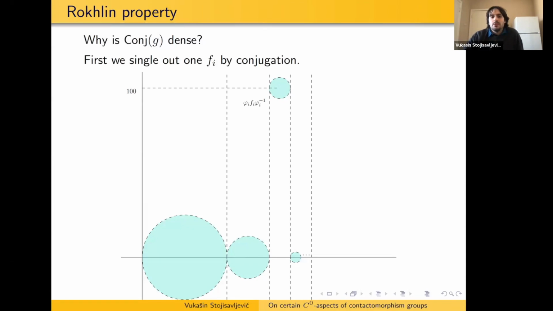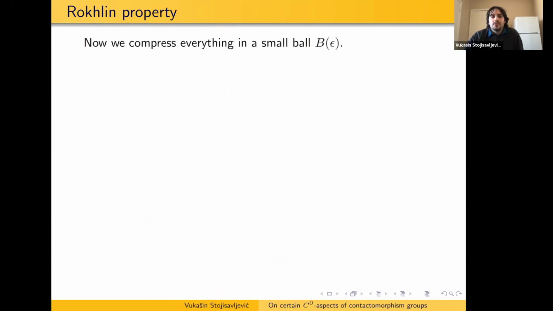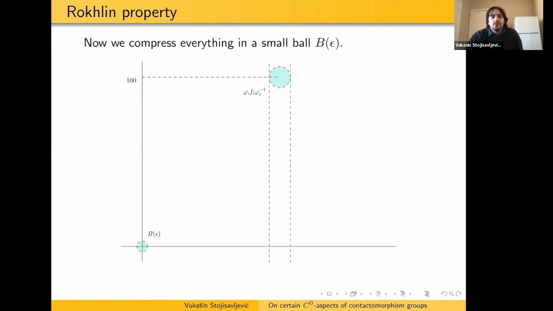So we single out f_i. The second thing is we compress everything which is not singled out into a tiny ball. Again I conjugate and I get a picture like this. This far away part stays what it is, but everything else goes into a tiny ball. As we let epsilon tend to 0, we conclude that f_i belongs to the closure of the conjugacy class of g.